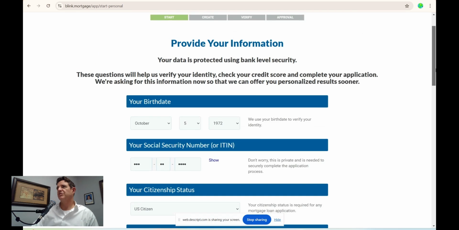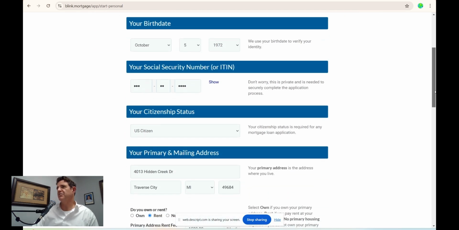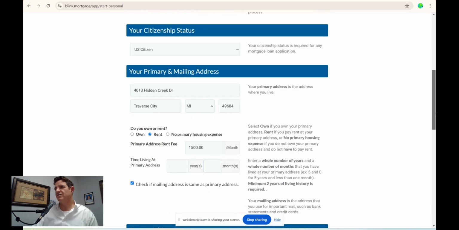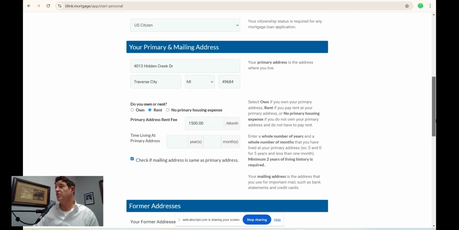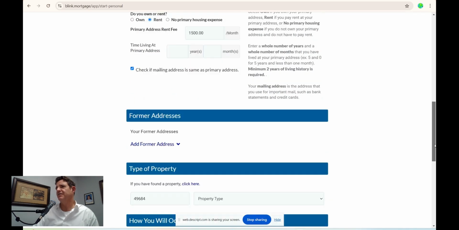The next screen is going to have you provide your personal information, such as birth date, your social security number, if you're a U.S. citizen or not, your primary address, if you own or rent. Some people own and rent. That's a whole other discussion for your loan officer. You can also check to see if your mailing address is similar to the address you live in.